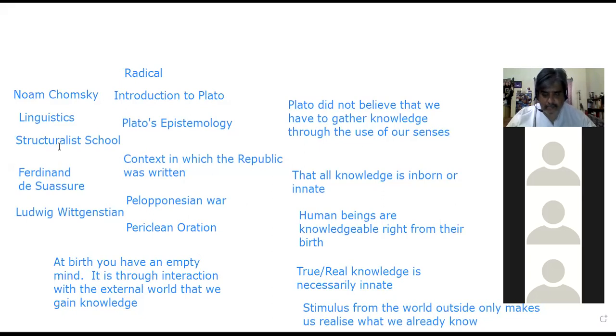So Ludwig Wittgenstein did a complete analysis of Thomas Hobbes and the Leviathan by analyzing the language used by Hobbes.